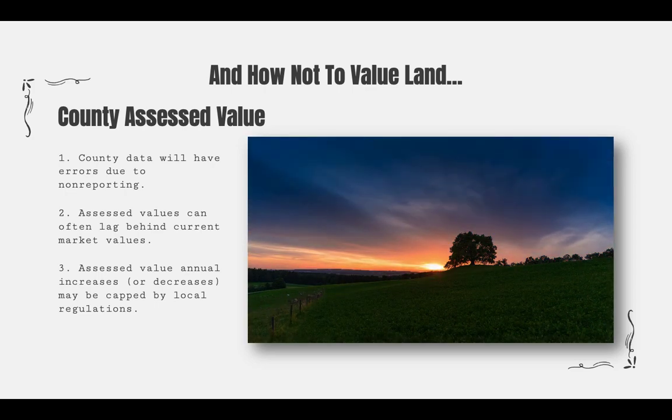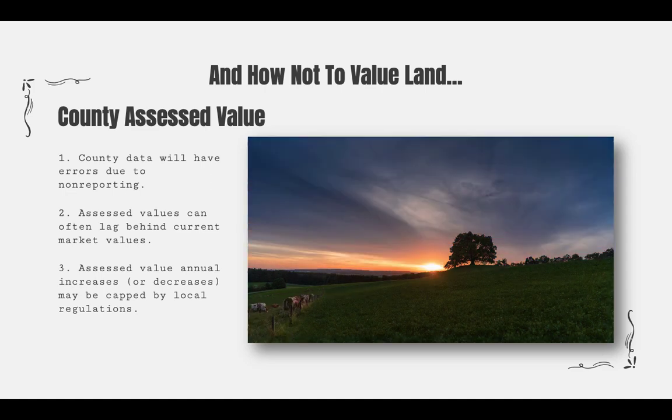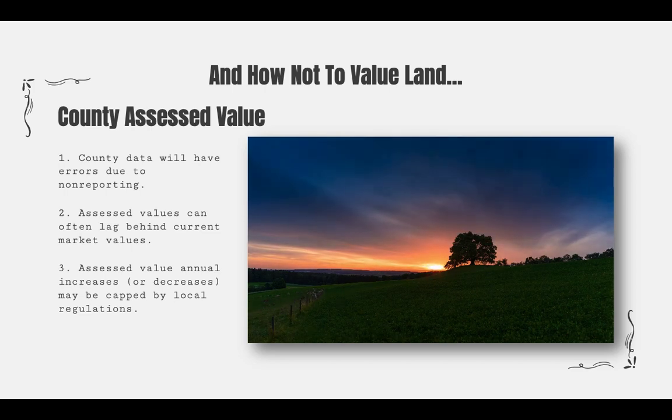And why is that? Well, first of all, county data can often have a lot of errors in it. There are a number of reasons why this may be, but one main reason is people don't always report what's going on with the property if they can get away with not updating the county on improvements added or changes made to the property.